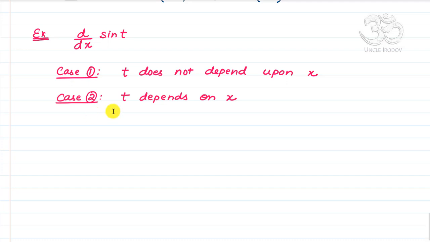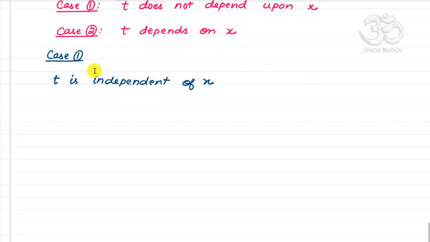If t is independent of x, it implies that if x changes, t does not change.